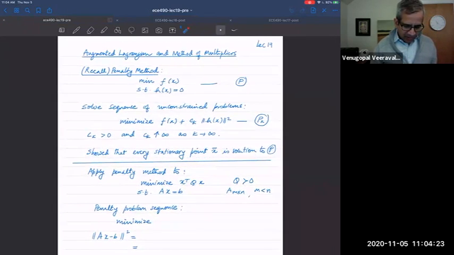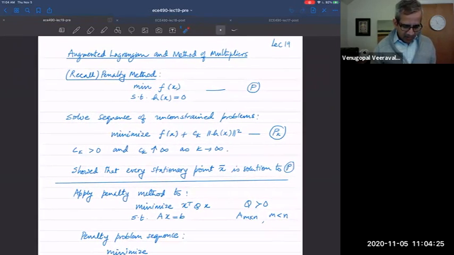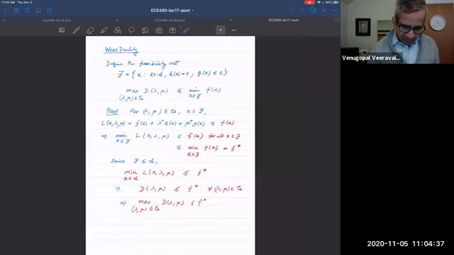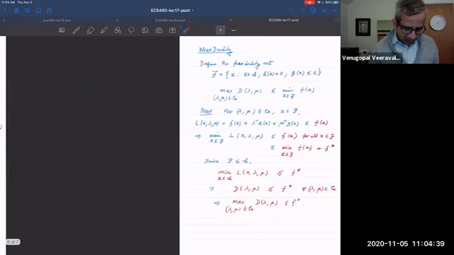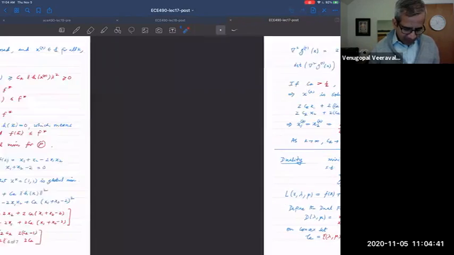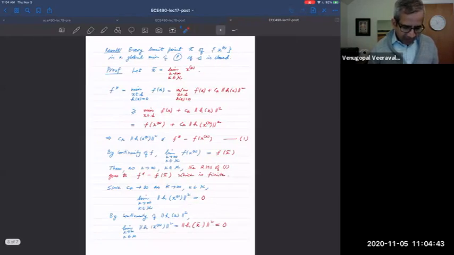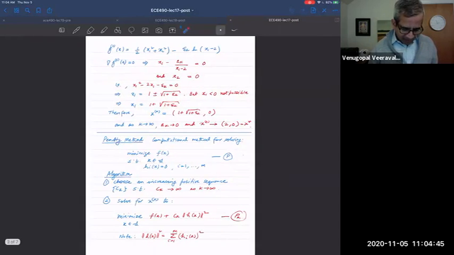Today's lecture is actually related to what we talked about earlier in the penalty method. In lecture 17, I think, we talked about the penalty method.